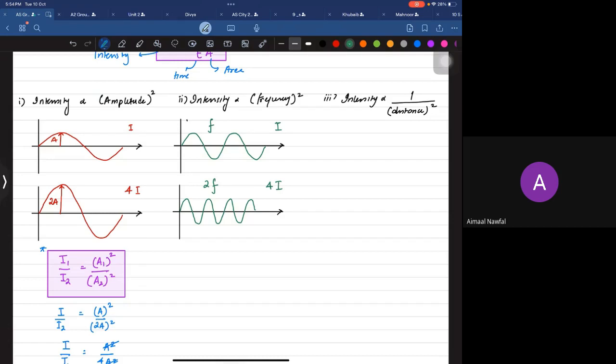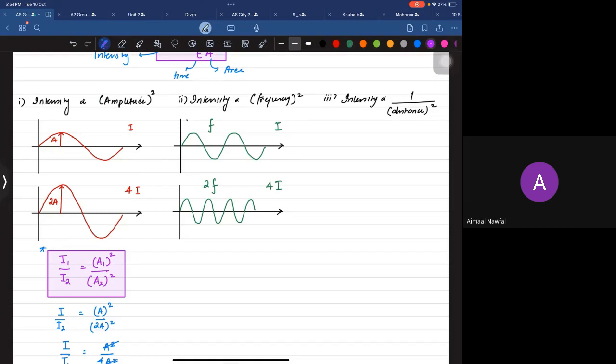Do you guys understand that? Yes. If the frequency becomes 3 times, the intensity is going to be increased by 9 times. So it's like every time a number increases, you have to square that. That will be the increase in intensity. So to basically remember this, it's very simple as well.